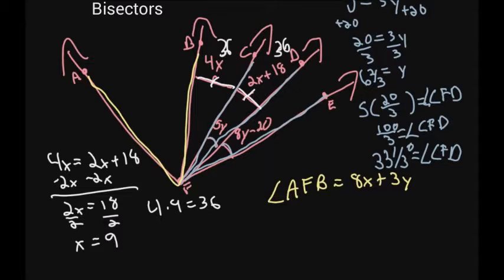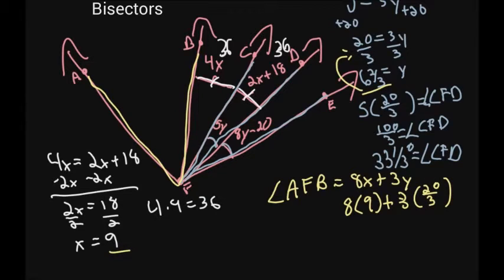So we've got to substitute in what we got for x of 9 and what we got for y, 6 2/3, and solve. So it's going to be 8 times 9 plus 3 times, and I'm going to go back to my improper fraction there because that's going to make it easier, 20/3.